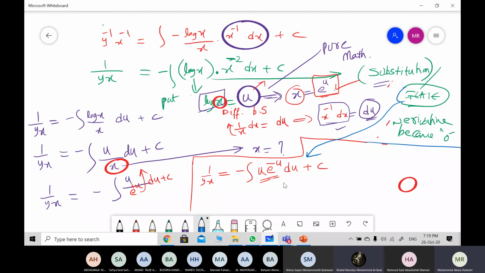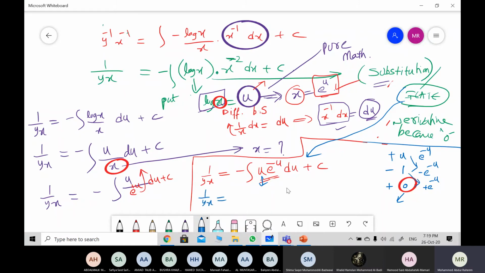This is u, then you just differentiate: 1, next derivative 0. This integration, one time minus, again plus, then plus minus plus, minus plus. Multiply.